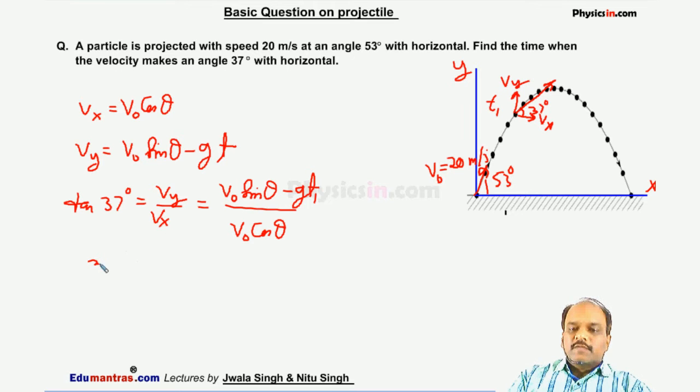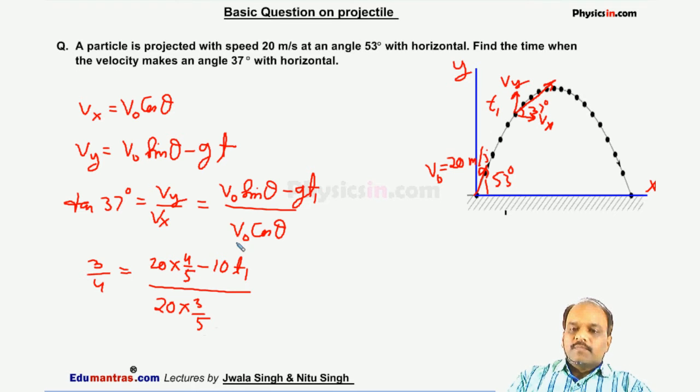Now tan 37 means 3 by 4, that is equal to V naught means 20, sin 53 means 4 by 5, minus g 10 into t1, divided by V naught 20 cos 53, which means 3 by 5.